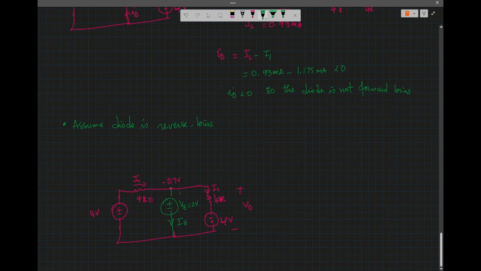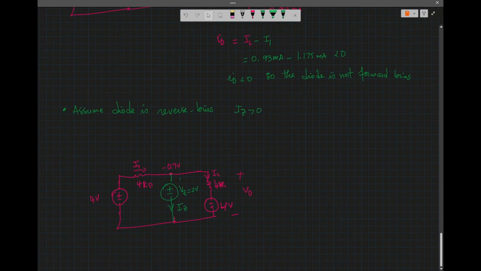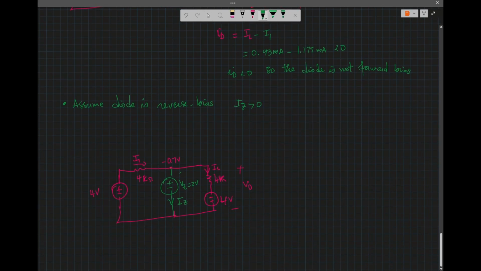So we want IZ to be positive. IZ might be positive. So what do we have? We have I1 is now here is 2 volt. So 4 minus 2 divided by 4k. So 2 divided by 4, which is 0.5 milliamp.